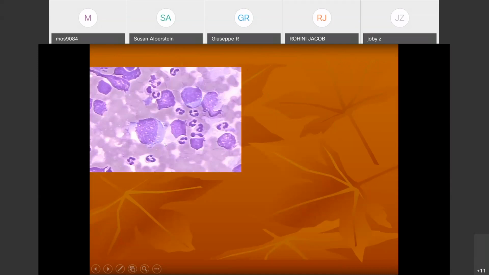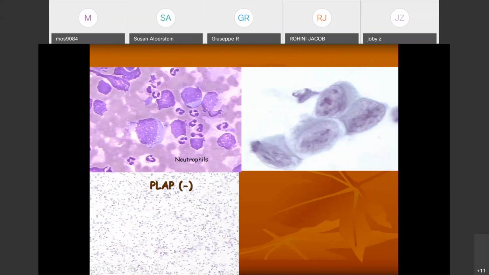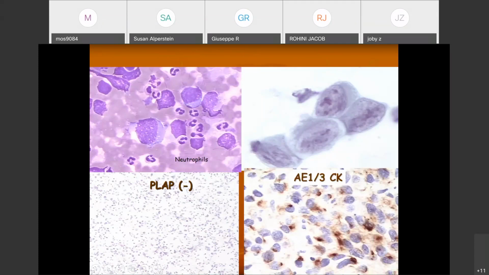You have tumor cells and neutrophils. But the cells here seem connected, so this part is not lymphoid. On the cell block, PAP negative, cytokeratin positive. And so it was inconclusive.